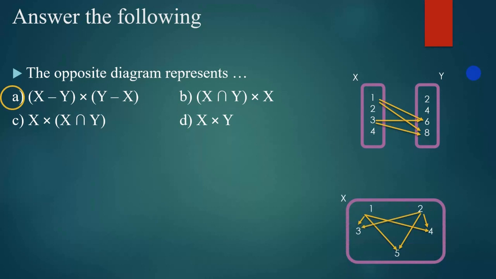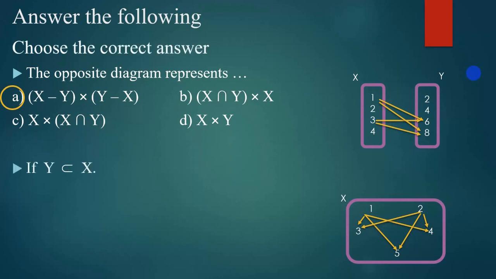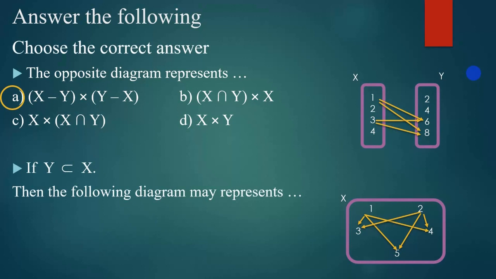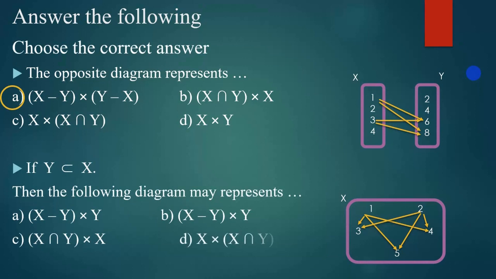Let me tell you that I came up with these two exercises. I don't think you'll find them in any other resource. If y is a subset of x, then the following diagram may represent: x difference y cross y, x difference y cross x, x intersection y cross x, x cross x intersection y.